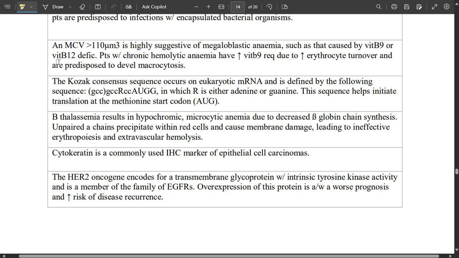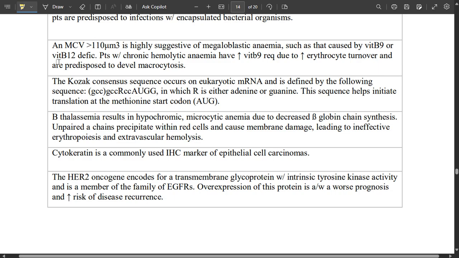Patients with chronic hemolytic anemia have a high requirement of vitamin B9. There is hemolysis occurring for a long period of time, so the requirement of folic acid is high due to high erythrocyte turnover, and they are predisposed to develop macrocytosis.